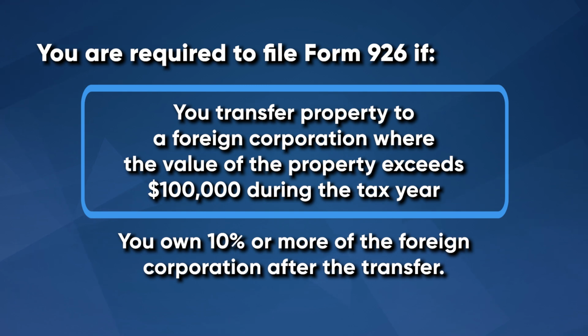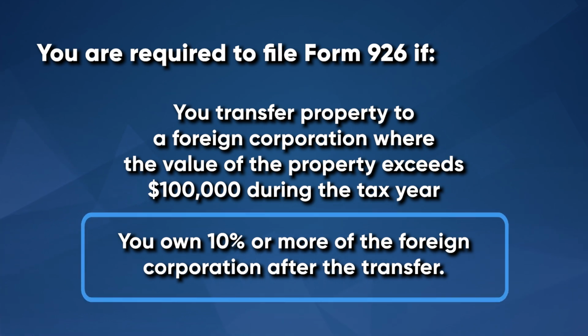You are required to file Form 926 if you transfer property to a foreign corporation where the value of the property exceeds $100,000 during the tax year, or you own 10% or more of the foreign corporation after the transfer. This form tracks outbound transfers of property to foreign entities and reports any gains or losses that might be realized as a result of the transfer.